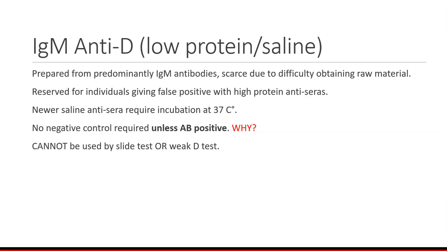This is because spontaneous agglutination can be a problem, and you could potentially mistype someone. So again, the negative control is not required unless the patient is AB pos. Because this is IgM, it cannot be used by slide test or the weak D test.